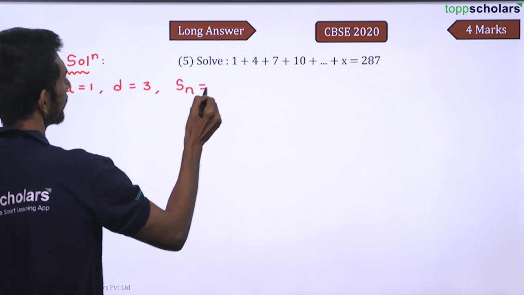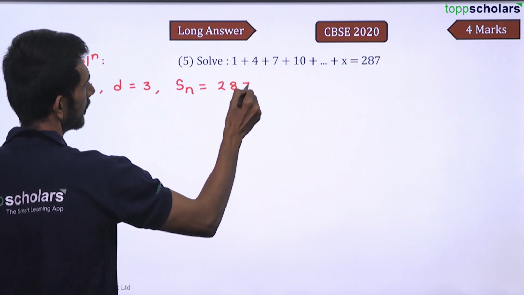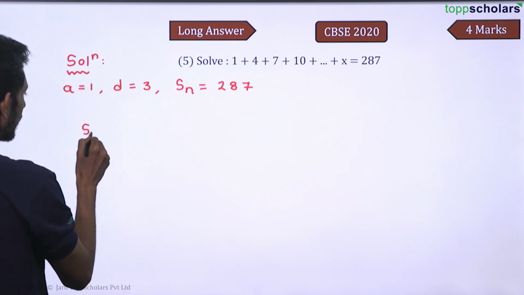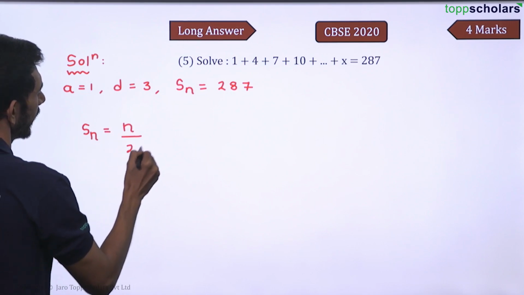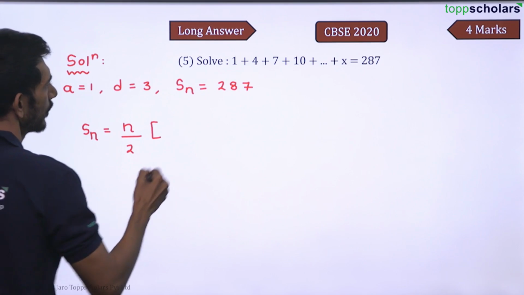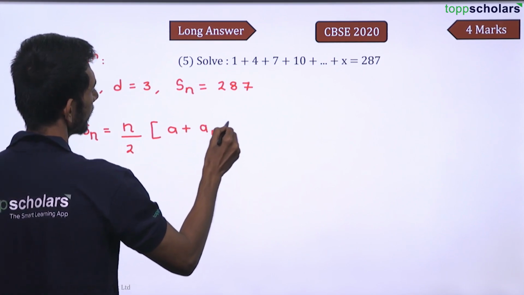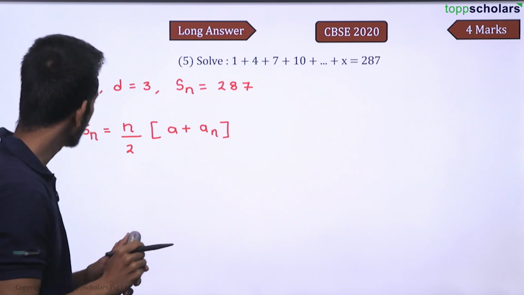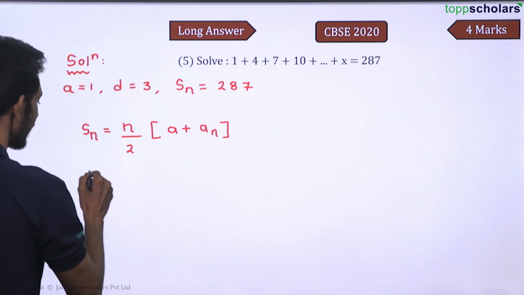We know that Sn is 287. Now what is the formula for Sn? We know that Sn is equal to n by 2 into a plus an, this we already know. So what is Sn? Sn is already given, 287.